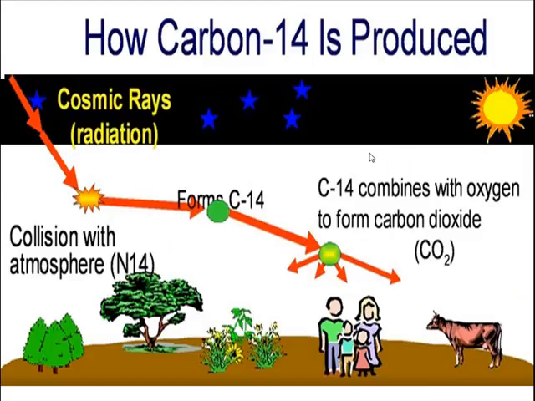I just want to go back to this cycle right at the beginning, so let's look at this diagram. We get collisions with N14, with nitrogen. The nitrogen turns into C14, and the carbon-14 falls on the earth and gets absorbed by plant life. Plant life or organic life dies, rots away, CO2 is released, and it turns back into N14. Obviously the amount of N14 is limited, so the more it turns into C14, the less N14 is going to be there.